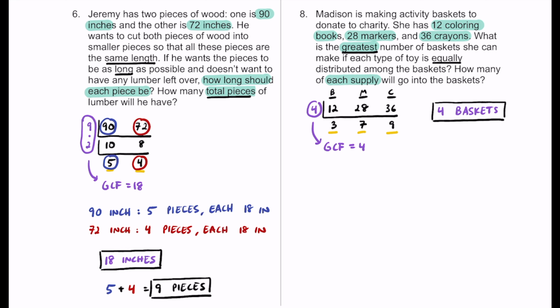Now, how much of each toy or item is going to go in each one? The B is for the coloring books, so that's going to be 3 coloring books going in each of these 4 baskets. And then the 28 markers are going to be split into the 4 baskets, so it's going to be 7 markers each.